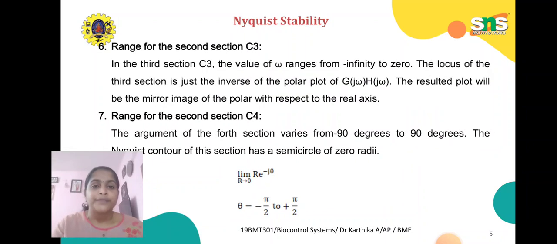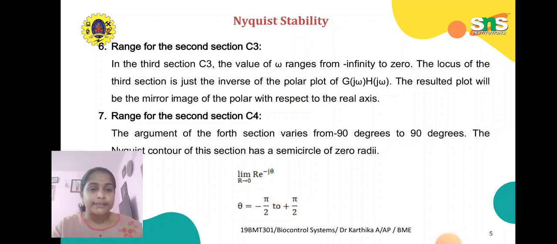Okay, and range for the third section C3. In the third section C3, the value of omega ranges from minus infinity to 0. The locus of the third section is just the inverse of the polar plot of G(j omega)H(j omega). Here, the resulting plot will be the mirror image of the polar plot with respect to the real axis.